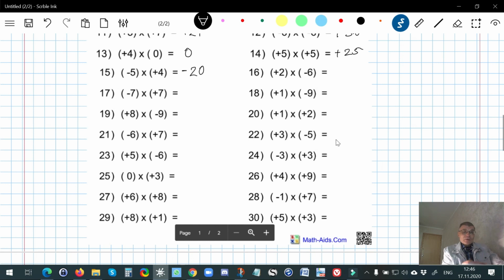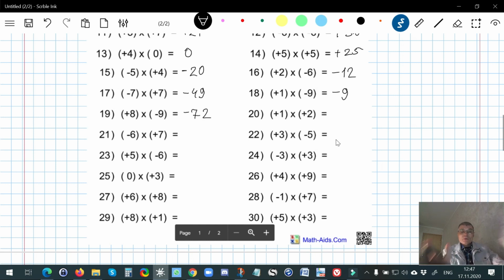In 16, positive multiplied by negative is negative, so it's negative 12. Here again, negative times positive, it's negative 49. Positive multiplied by negative is negative, and it's just negative 9. Positive multiplied by negative is negative. It's negative 72.